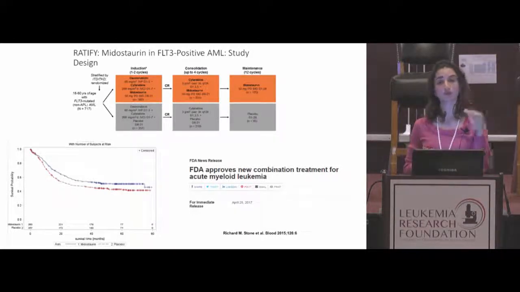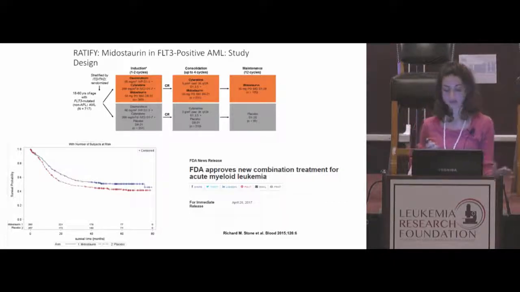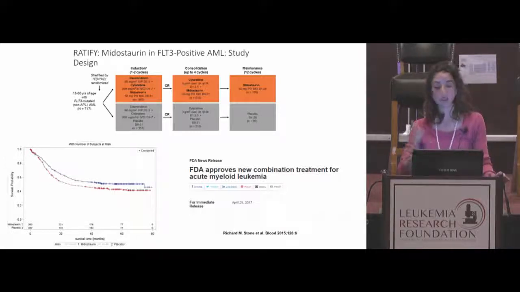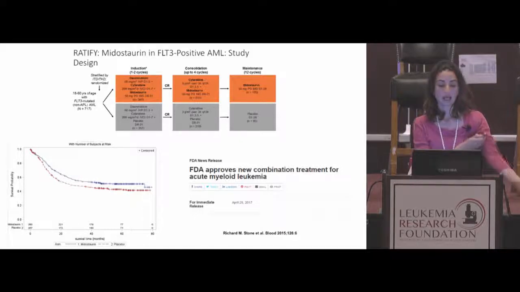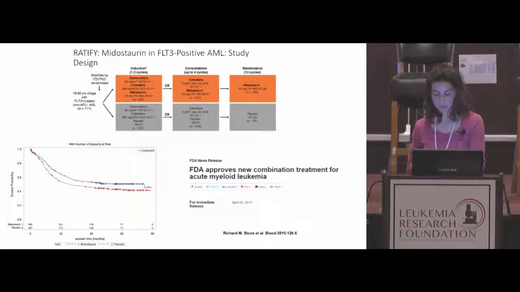And they were able to show a very hard endpoint of improved survival, which is kind of a difficult goal to meet, especially because a number of these patients along the way do go to transplant, and a number did in both arms, and the benefit persisted. So midostaurin is now FDA approved for patients under 60 in combination with chemotherapy.